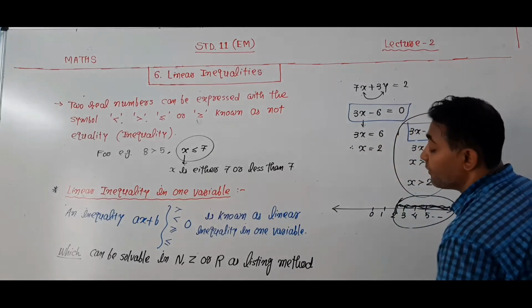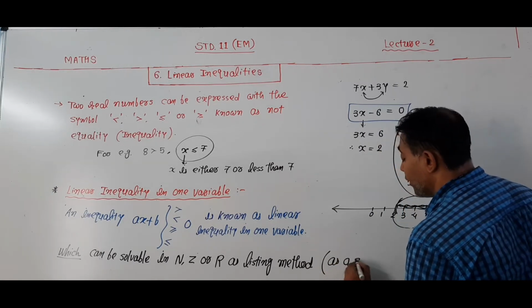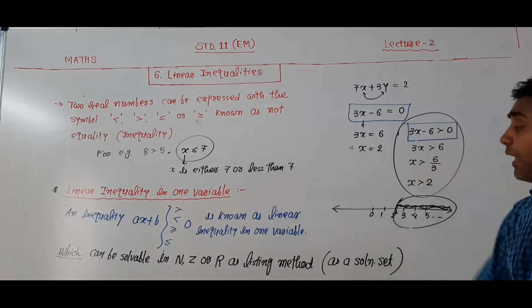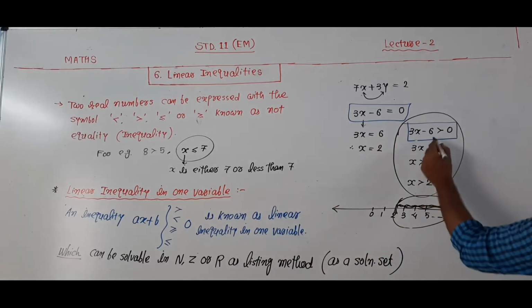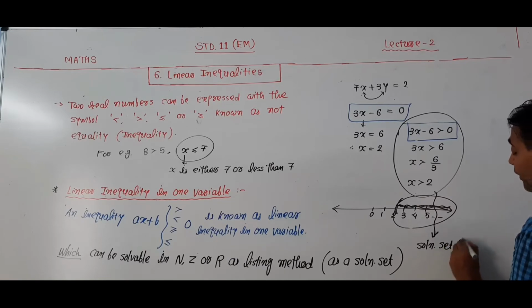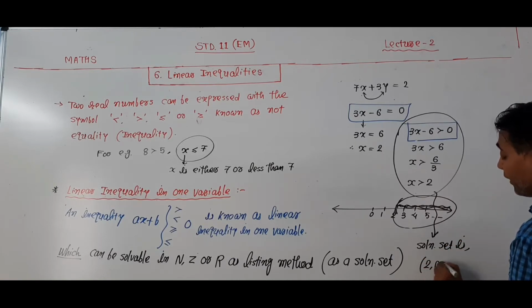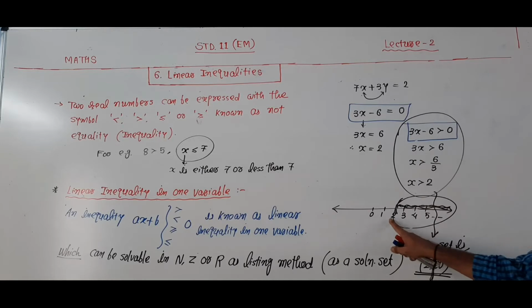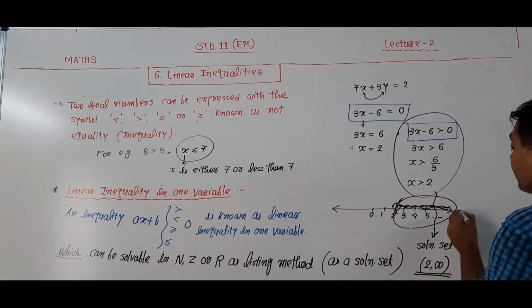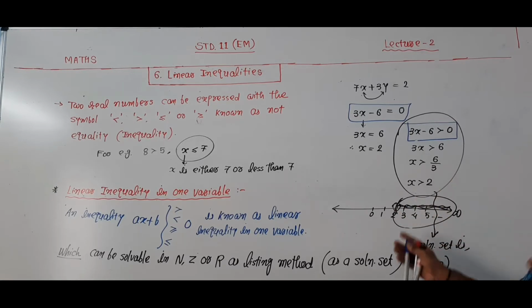It means as a set, as a solution set. So remember that here, for this inequality, we may say that the solution set is 2 to infinity. As we discussed, 2 is not included, hollow circle, to infinity, so 2 to infinity is the solution of this linear inequality. So this linear inequality helps us to solve.